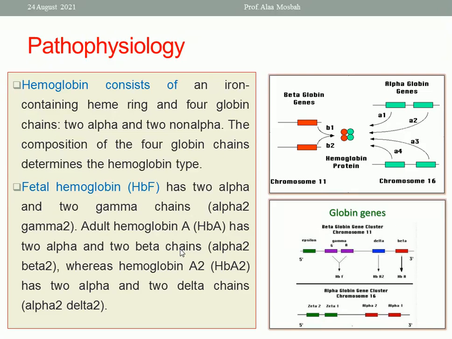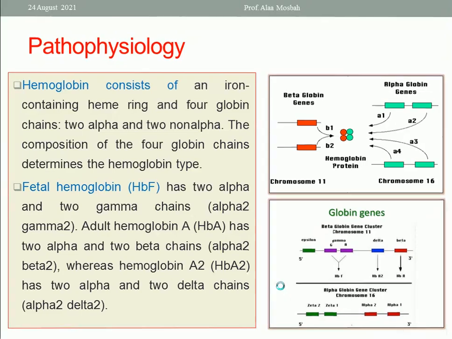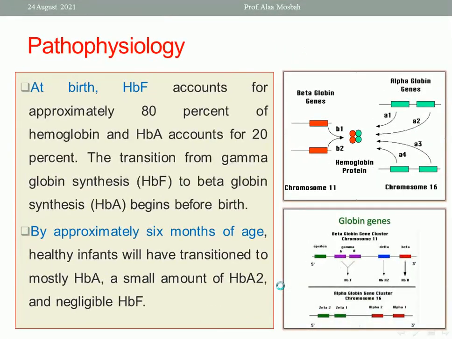But the normal adult hemoglobin, what's called hemoglobin A, has 2 alpha and 2 beta chains. Clear? What happens at birth?